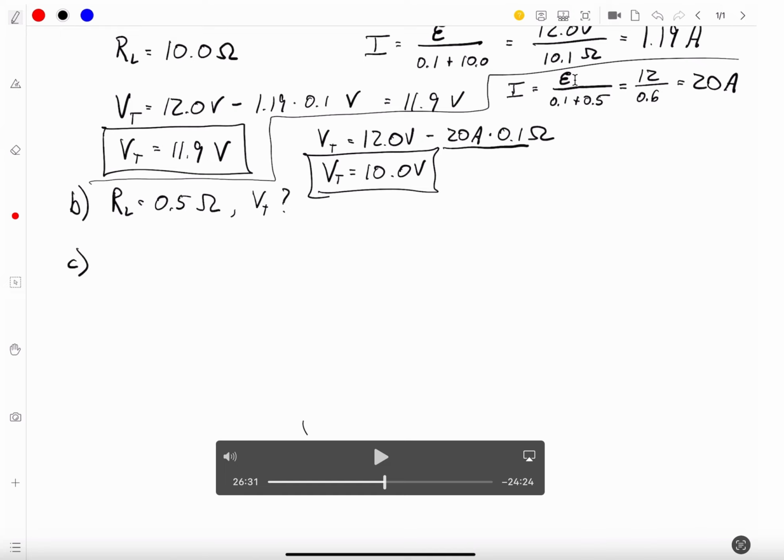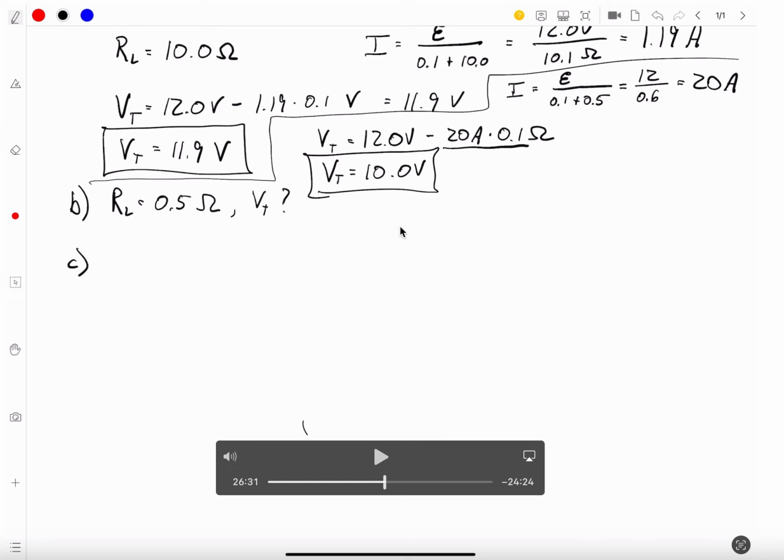Our EMF divided by 0.1 plus 0.5 is 0.6. That ends up giving us 20 amps. That is a lot of amps. So then we're going to come back down here a little bit and solve for VT. We've got our 12 volts minus 20 amps times 0.1 ohms. Our VT is 10 volts.